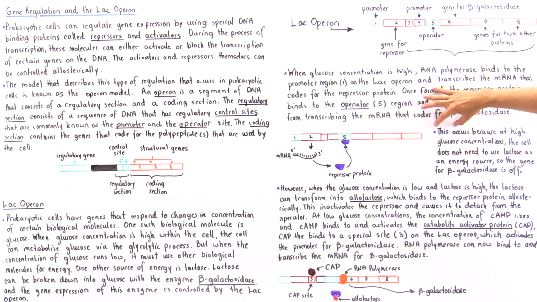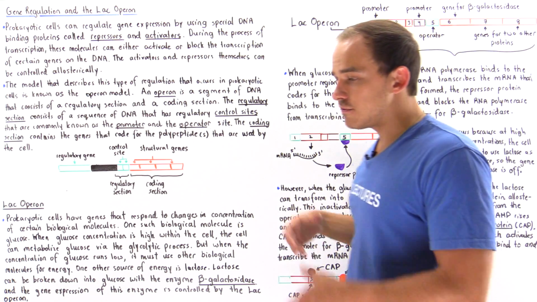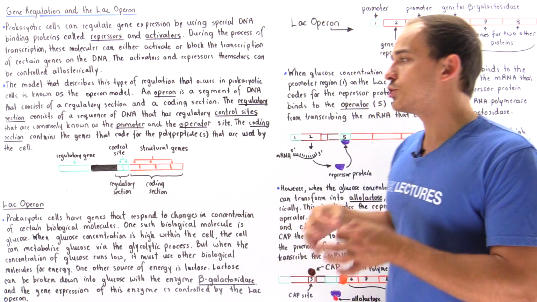So once again, at high concentration of glucose, the cell does not need to use lactose as the energy source because it has the glucose in the first place. And so the genes for our beta-galactosidase, as well as these other two genes, the proteins involved in the breakdown of lactose, are essentially turned off.